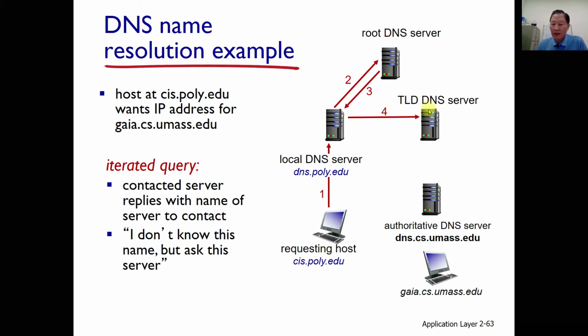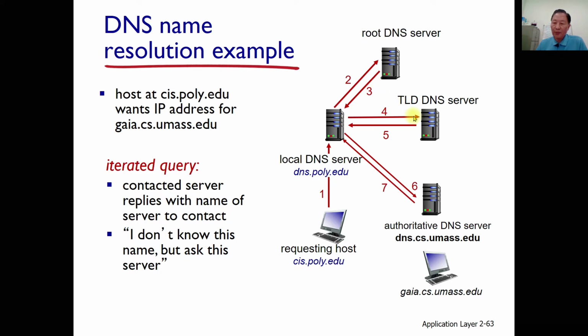That IP address is given to the local server, which asks the next level. The top level domain DNS server holds the information about the second level, umass.edu, and that server holds that information. This is called the authoritative DNS server, and the actual real data is stored in its database. Each one holds the information to find the next one hierarchically.